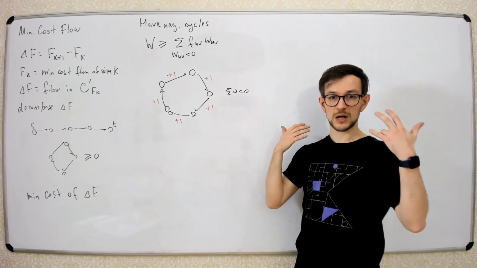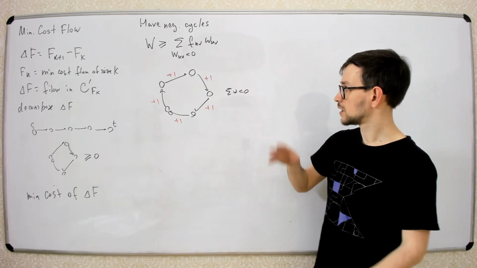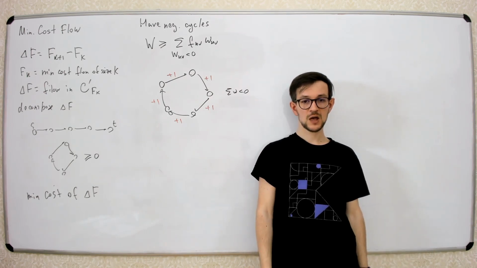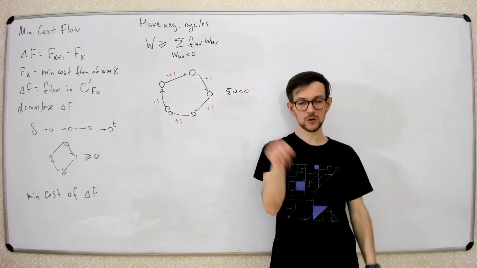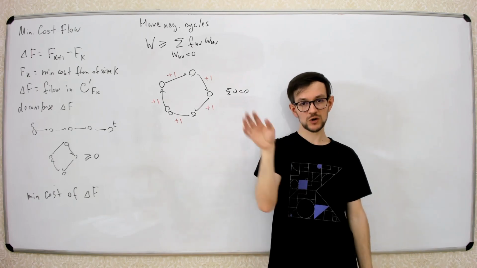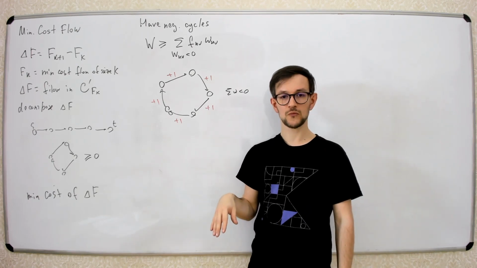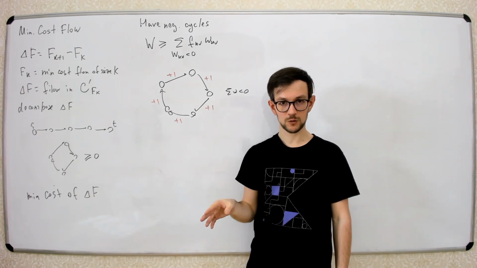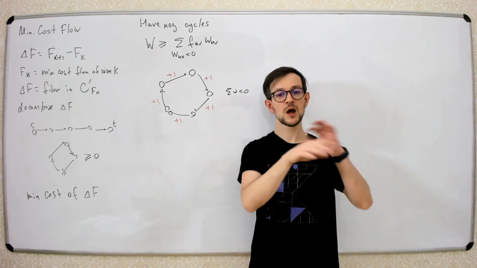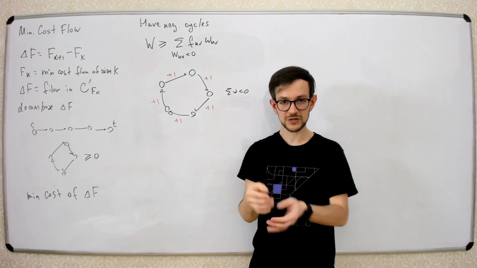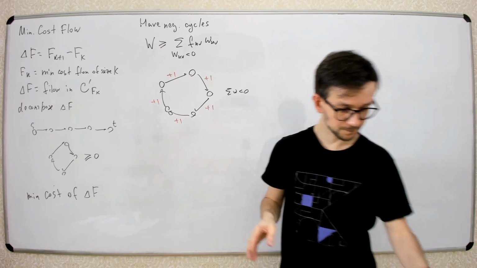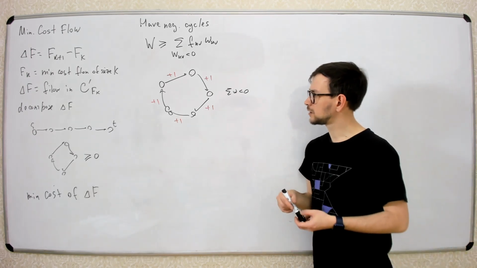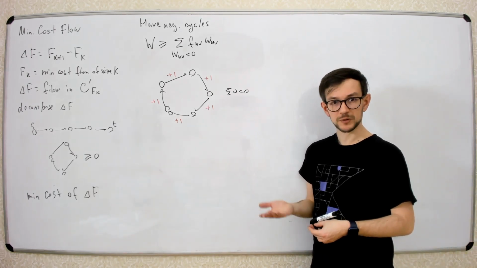Let's do it until we have no negative cycles. So it's a very simple algorithm: find any negative cycle, then increase the flow through the cycle. It will decrease the total cost of the flow, right? Do it until we have no negative cycles anymore. Find a negative cycle, push the liquid, find another negative cycle, push the liquid, and so on. It kind of looks weird, but the problem does make sense.